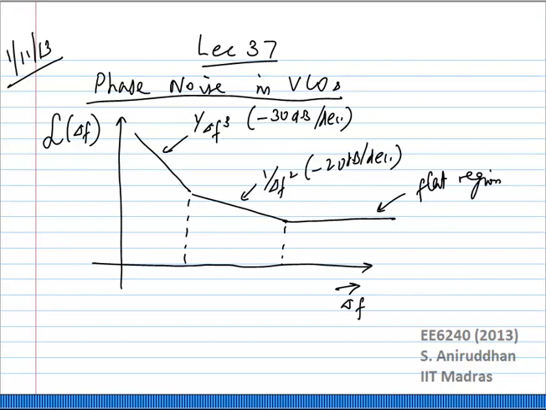Obviously the way you know your theory is complete is when you can actually predict each one of these regions, and not only predict the noise levels, but also predict the transition points. Right? You need to be able to do all of these if you have a complete theory.